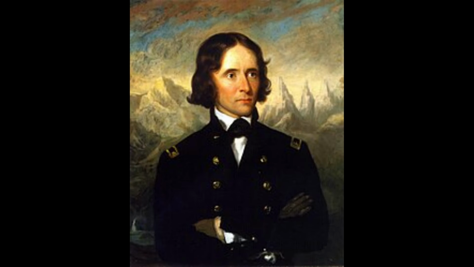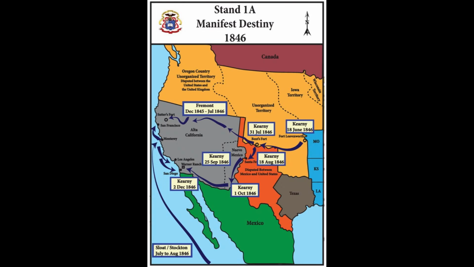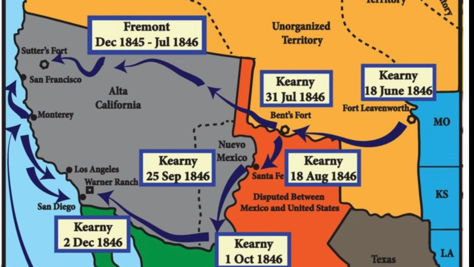And so we have John Fremont, we have Stephen Kearny, and these are military officers, and they are moving at a rapid pace in the early years of this war. And you can see the map here, and what an amazing time, a turbulent time this must have been.